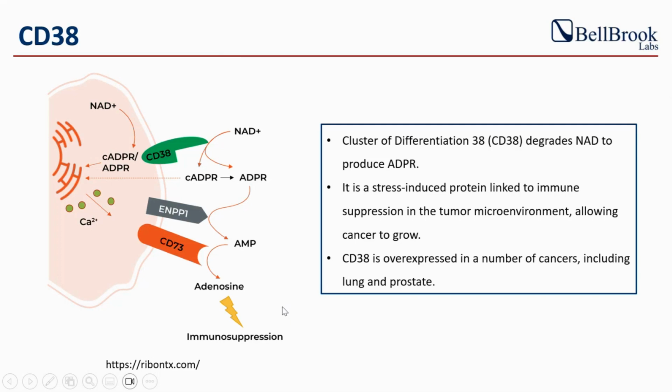As a result, inhibiting CD38 can be a way for cancer therapy for many cancers, such as lung or prostate cancer. By the way, we have an assay for ENPP1, and also for CD73. If you want to target the entire pathway, please check our website for further information.